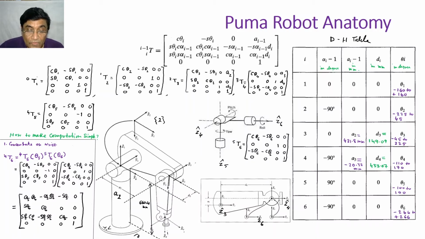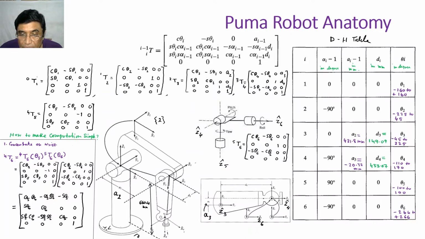Now, what is A3? You see, this is A3. So the distance between, you see, Z axis is perpendicular to the plane of this and Z3, and this is Z4. Okay, so they are spatial structure.